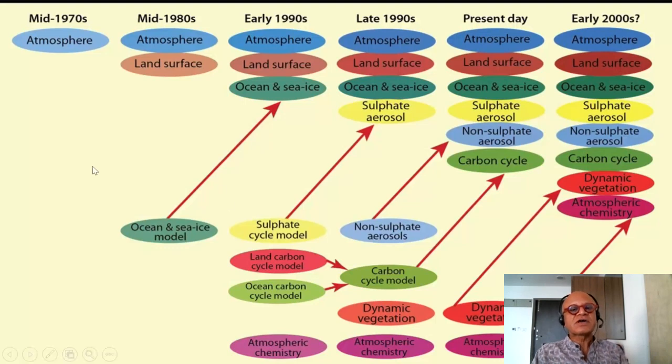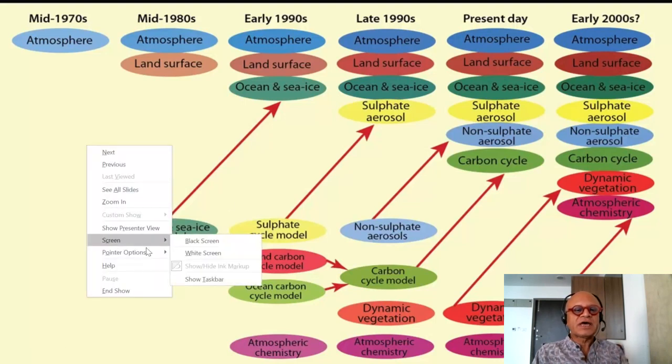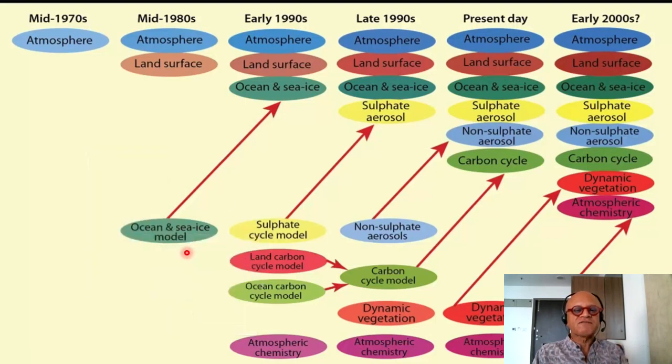Okay, so let's look at some evolution aspects of how climate models have evolved. Obviously, each component evolved over time. This is a brief timeline here. So you heard of Suki Manabe, who shared the Nobel Prize for Physics this year in 2021 along with Klaus Hasselmann.